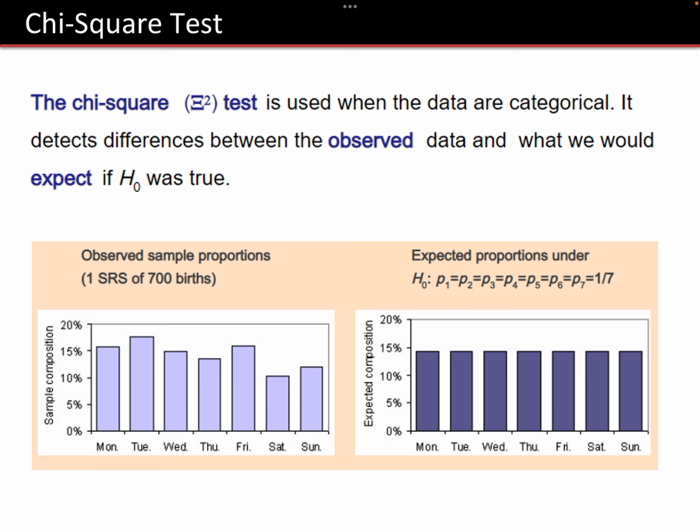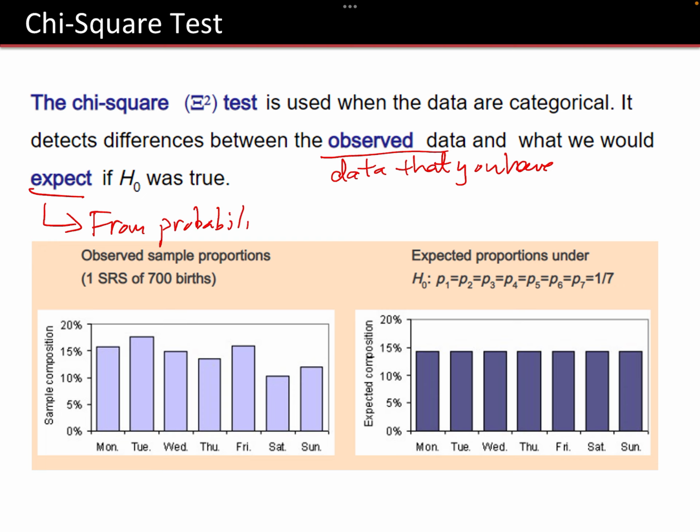What we're looking at is a certain type of data, which is categorical data, and we are looking at specifically whether the differences between the observed data, so this is data that you have, and what you would expect, usually from probability concepts. Can we merge these two numbers together, assuming that the null hypothesis is true?